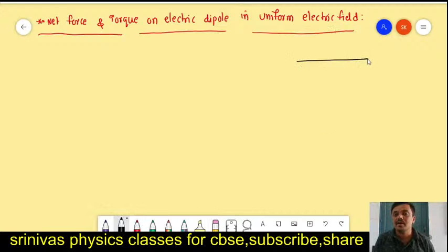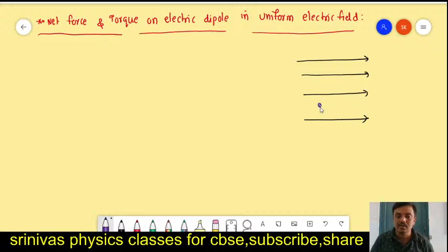This is the uniform electric field. Uniform electric field means field lines are parallel to each other. Here I am placing a dipole. This is the minus Q charge and this is the plus Q charge.